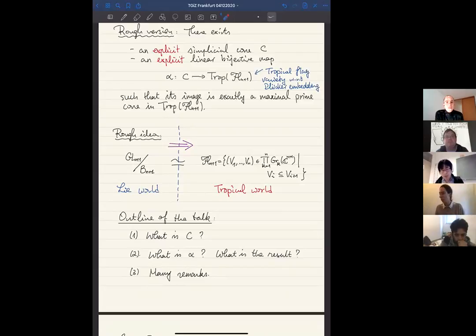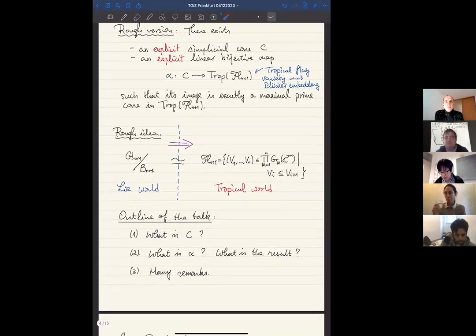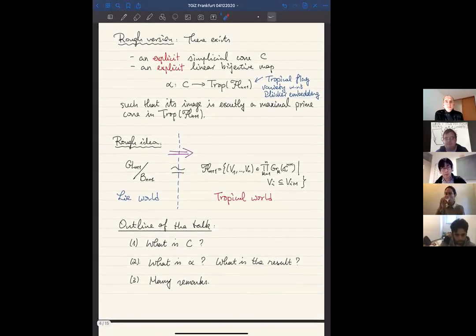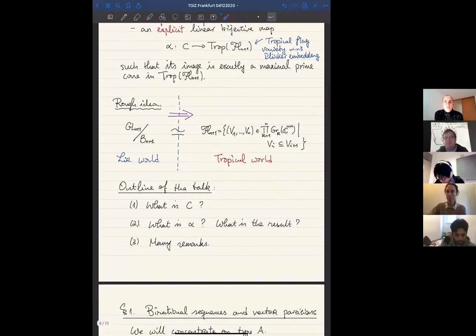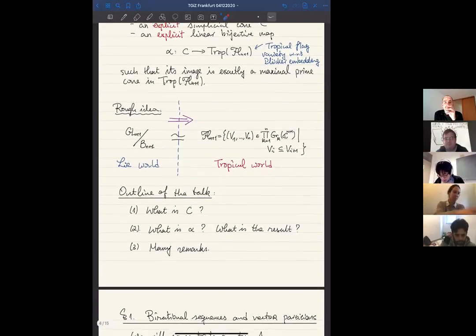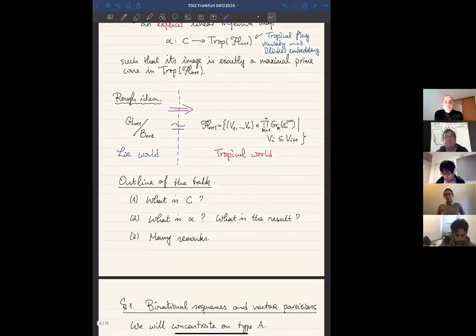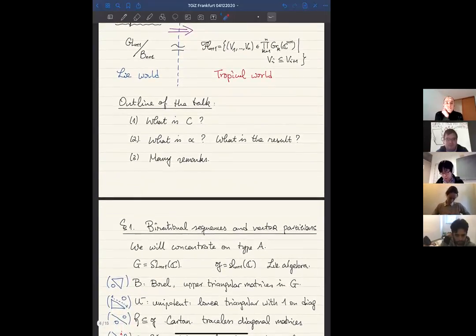I also want to say that this is a work in progress, so I will only explain the part which is definitely done. There is other work in progress and some other results, but I am not willing to say that today. Okay, so the essential idea of this construction of this link is via an object called a birational sequence.